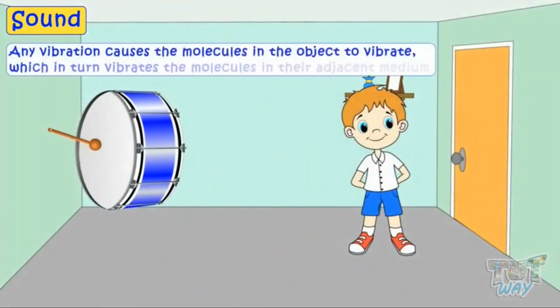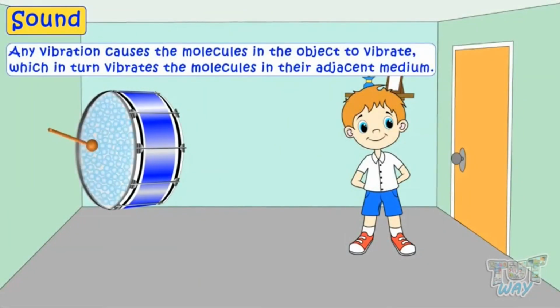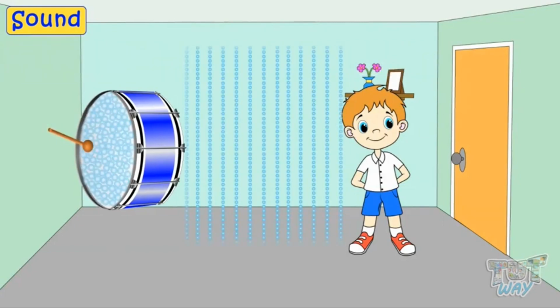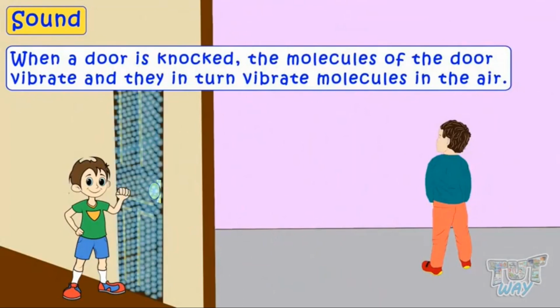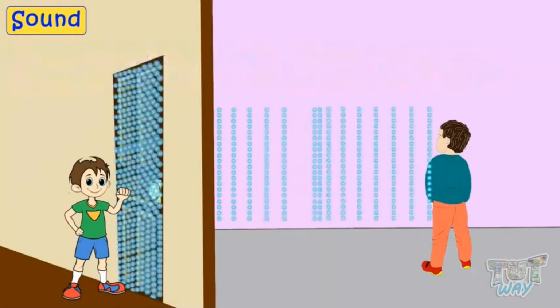Any vibration causes the molecules in the object to vibrate, which in turn vibrates the molecules in their adjacent medium. Like when a door is knocked, molecules of the door vibrate, and they in turn vibrate molecules in the air. And this vibration passes on to the next and next molecules, and this way sound travels from the door to the listener.